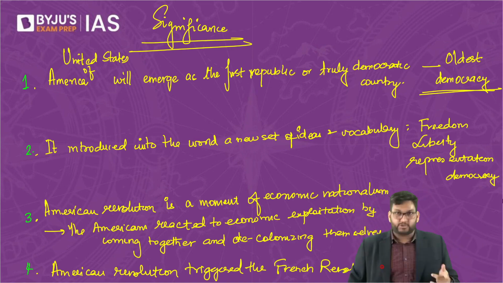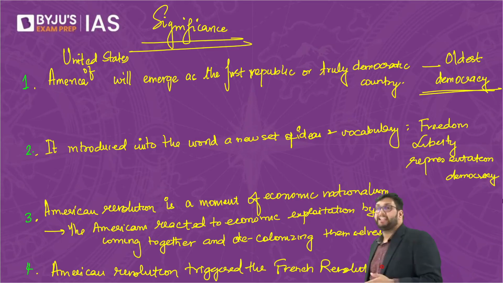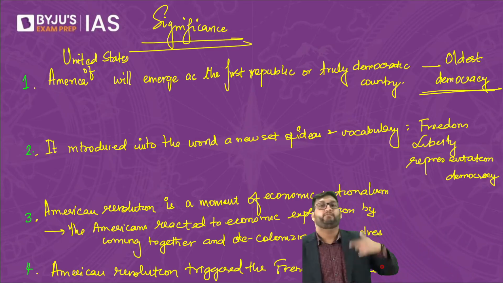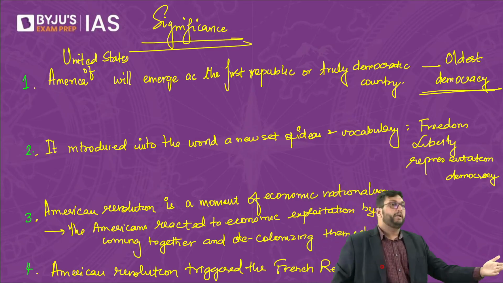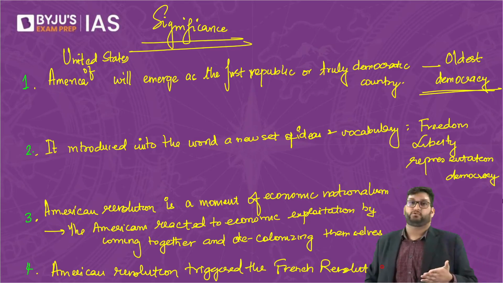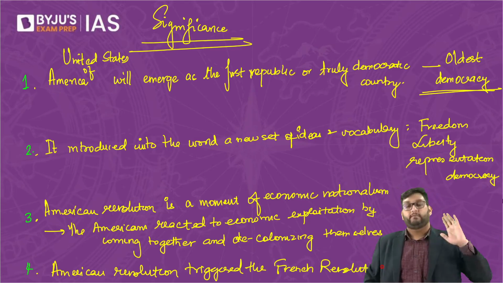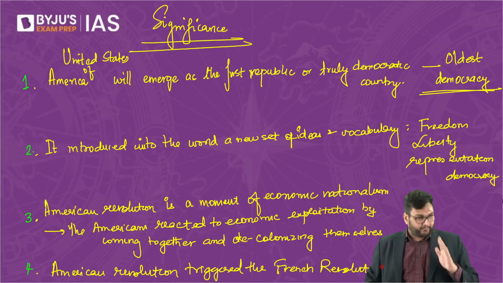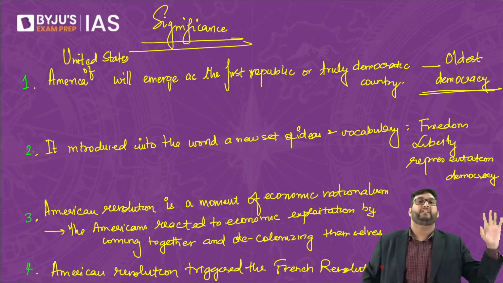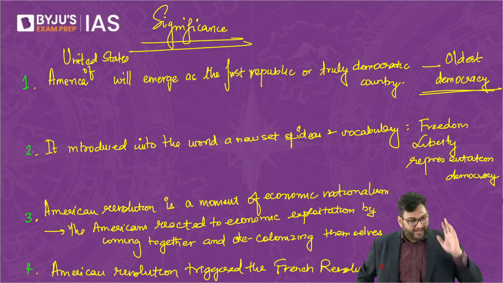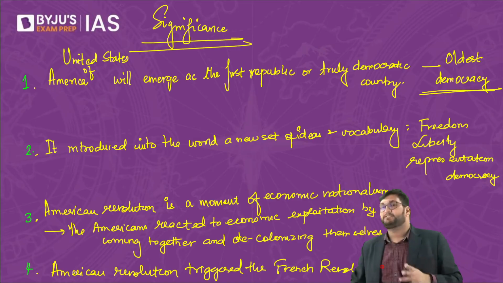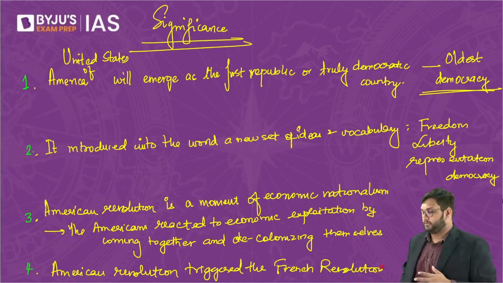The Statue of Liberty, which you see today, is actually a gift from France to America. But the Americans are ungrateful. They forgot what the French did for them, and did not even help the French in any way. But the immediate trigger of the French Revolution is actually the American Revolution.